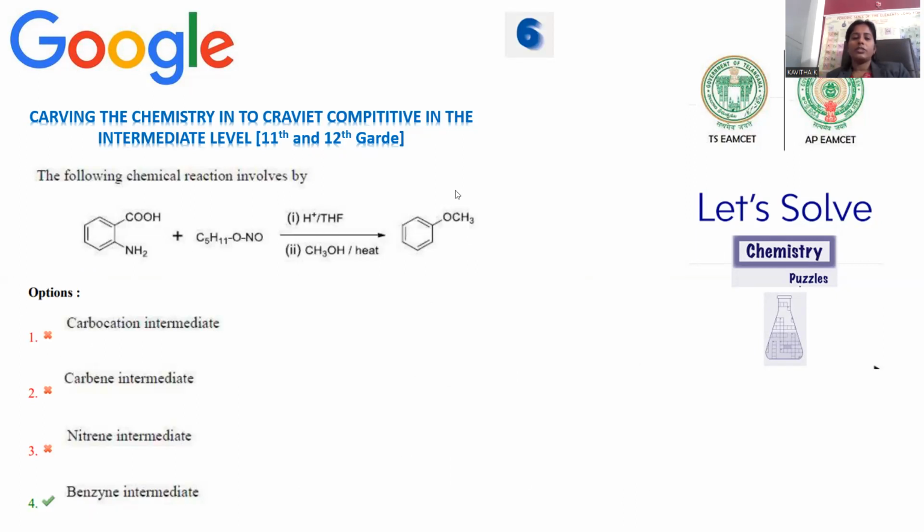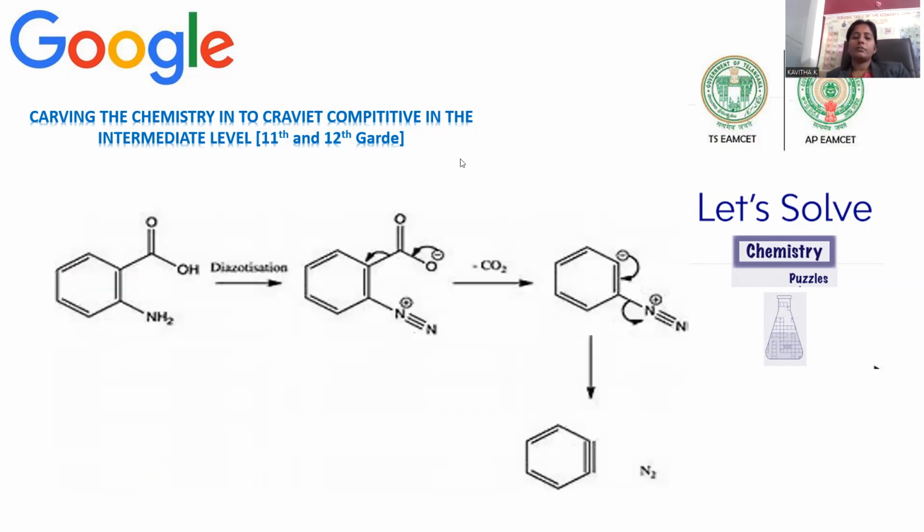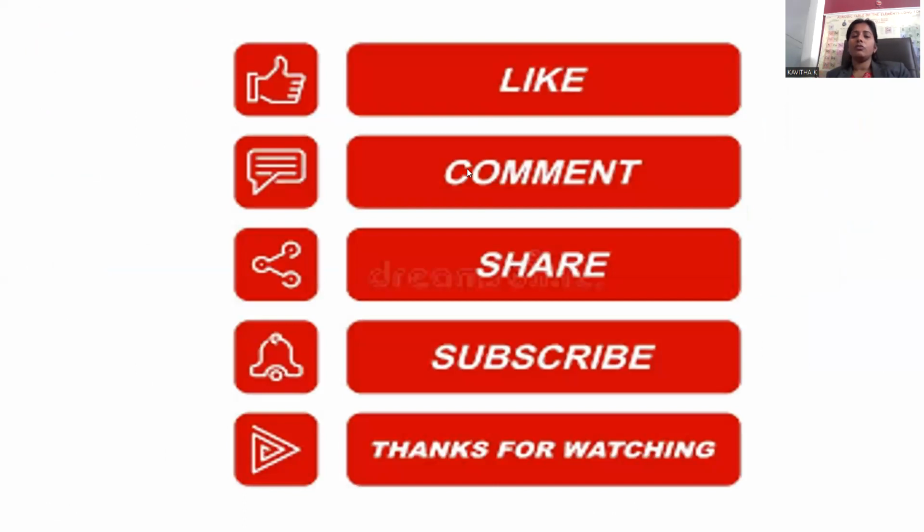So that part we are taking care of. Benzyne intermediate to achieve this final product, starting with anthranilic acid, called orthoaminobenzoic acid. This is the way we can explain question number 6. By this, we can conclude the session, where we covered various corners of chemistry, including the organic chemistry part, IUPAC nomenclature part, and physical chemistry part, and oxidation reduction reactions are mentioned.